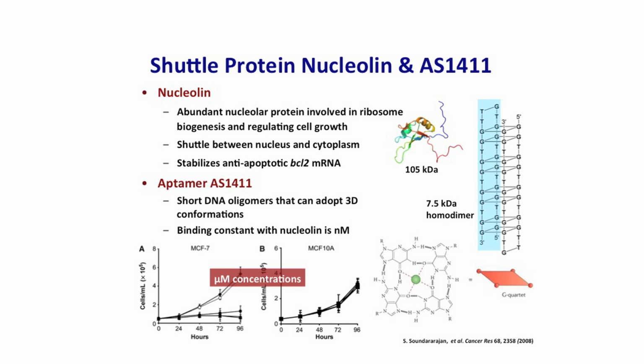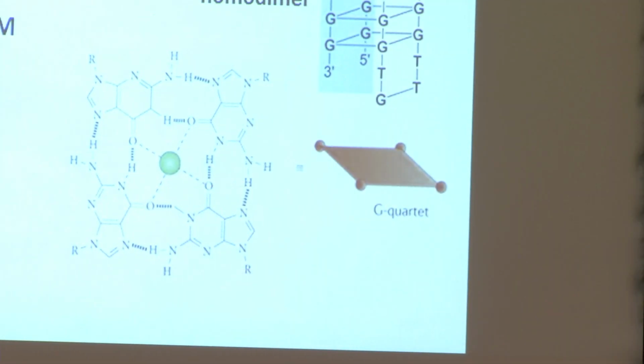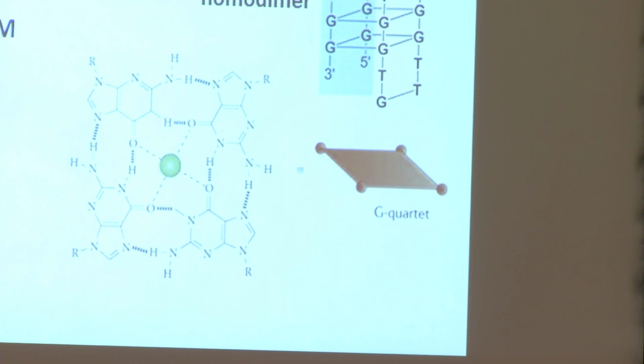And when it forms this homodimer, it forms these G-quartet planes. And it's these G-quartet planes which endow stability to this drug molecule. That's why people have been interested, not just in this molecule, but in the ability to design materials with these G-quartet planes for stability. Because one of the main problems of free DNA or free RNA, siRNA, is that it almost immediately degrades if you just use it in its free form.